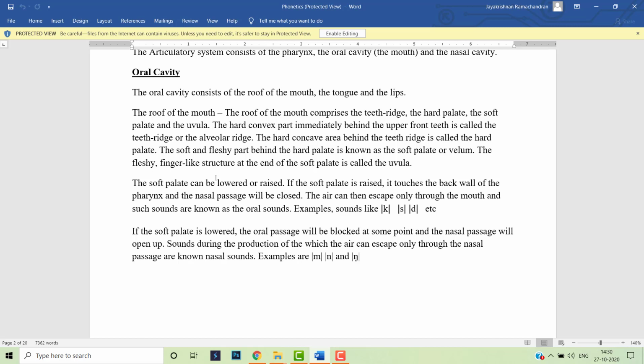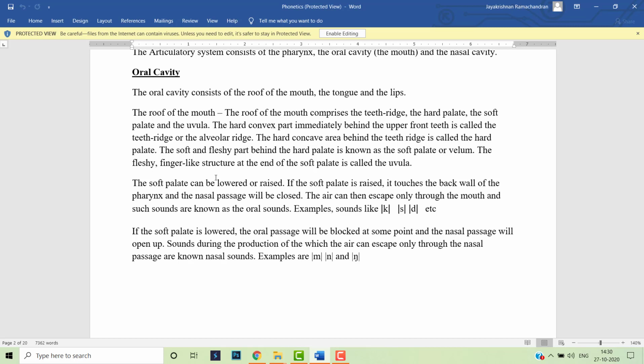into three parts. There is the teeth ridge or the alveolar ridge, which is the hard convex part just behind the upper row of your teeth. And I have told you how you can identify the alveolar ridge because it has a pattern of stripes, so you can simply identify it if you feel that part with the tip of your tongue.